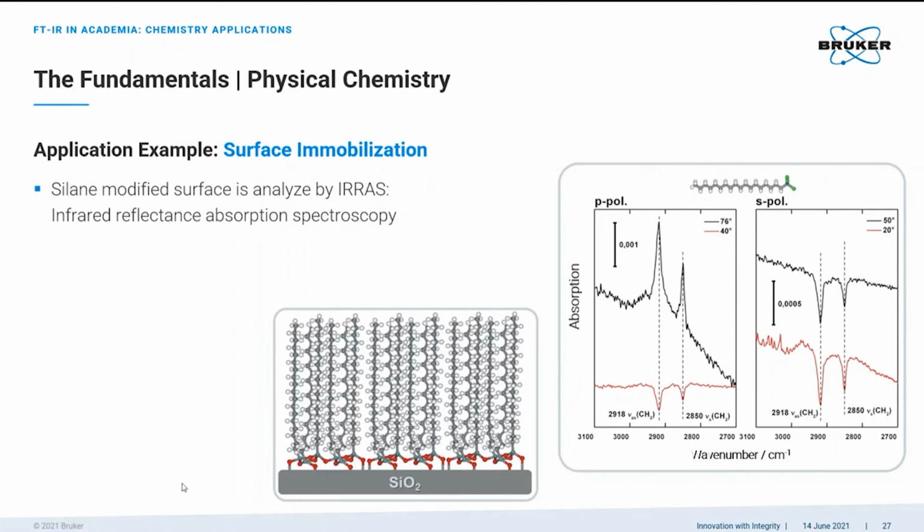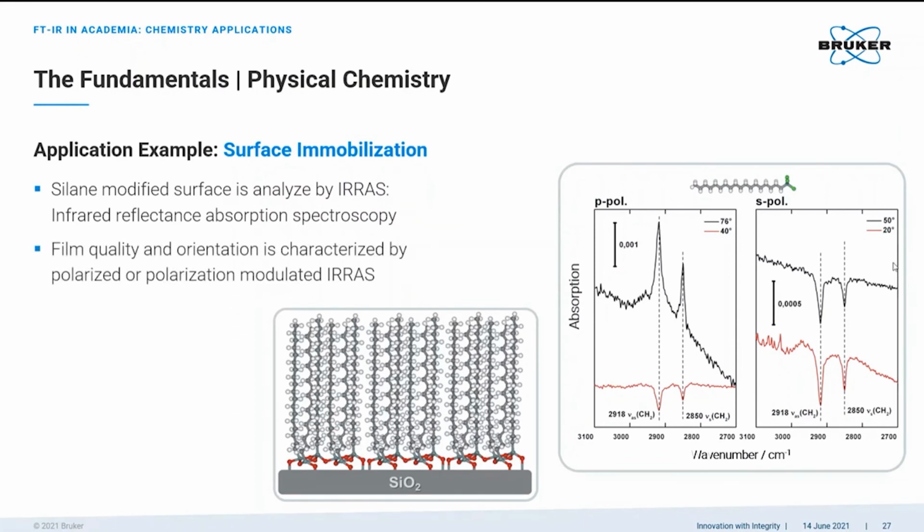The film quality can be indicated by IRAS using linear polarized light. Based on the surface selection rules and with help of computer simulations, it is possible for many well-ordered layers to determine the molecular orientation and packing density.